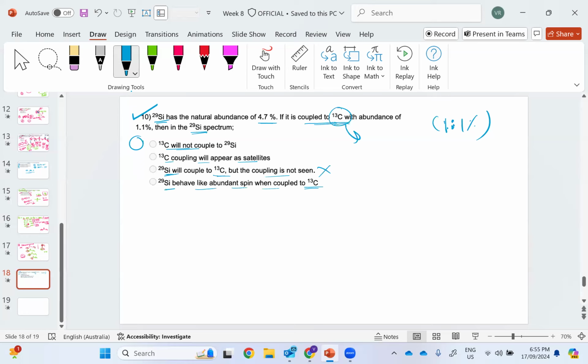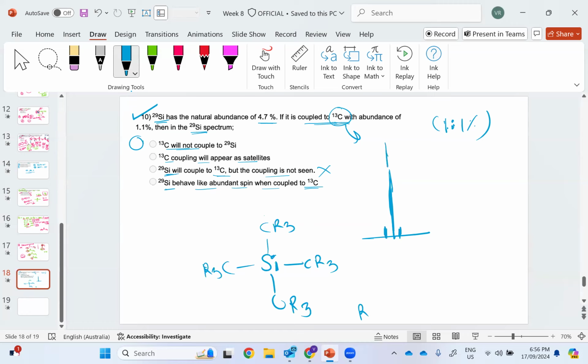Let's take an example where Si has carbons attached, SiR3, where R is hydrogen or any alkyl or aryl group. When you take the silicon NMR, we observe a signal due to the silicon, and because of the directly attached carbon we observe splitting, which appears as satellite peaks.